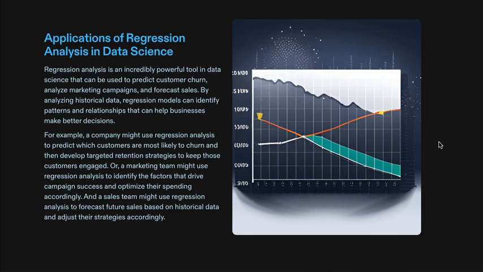For example, a company might use regression analysis to predict which customers are most likely to churn, and then develop targeted retention strategies to keep those customers engaged. Or a marketing team might use regression analysis to identify the factors that drive campaign success and optimize their spending accordingly. Or a sales team might use it to forecast future sales based on historical data and adjust their strategies accordingly.